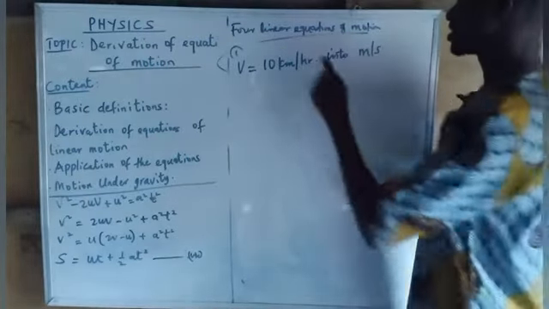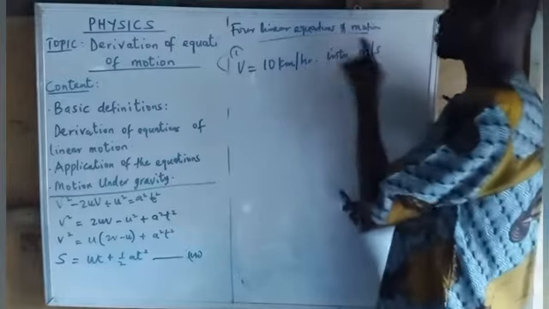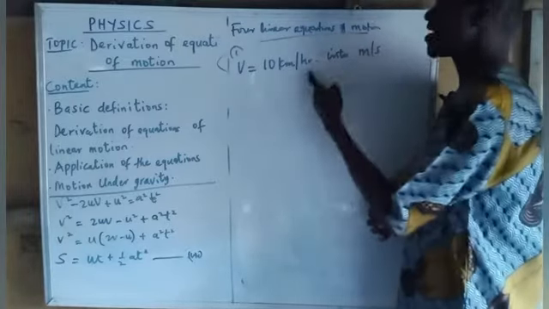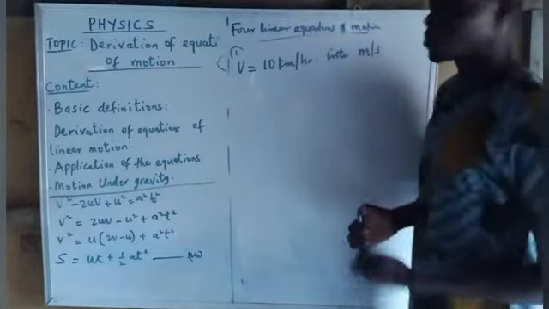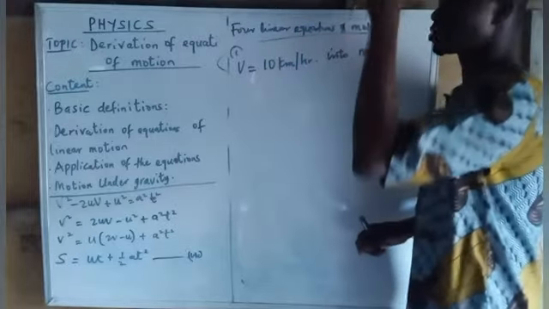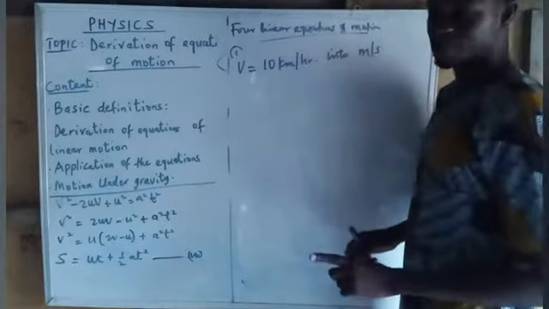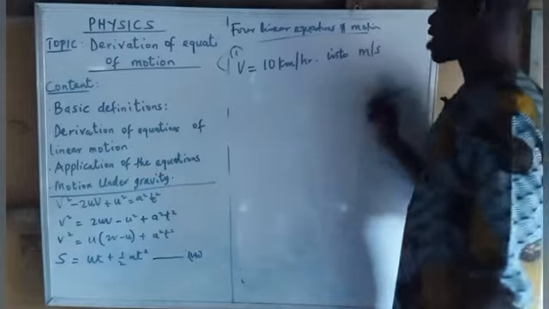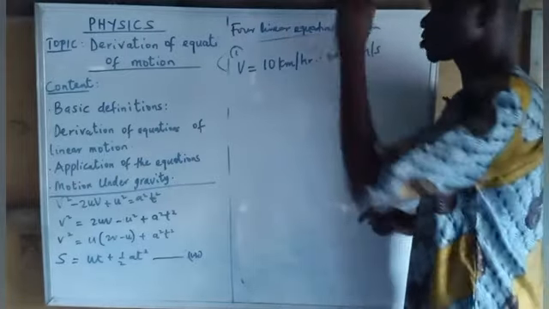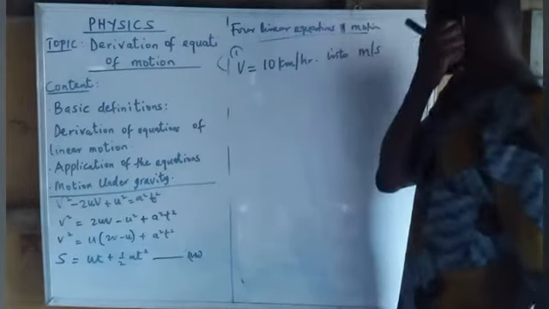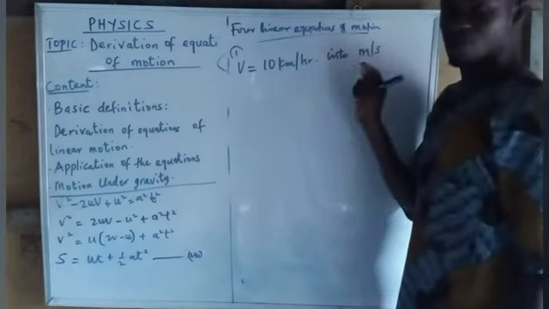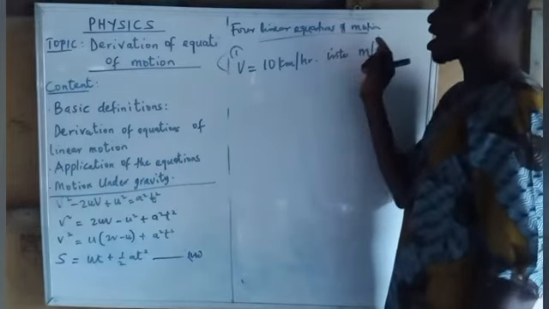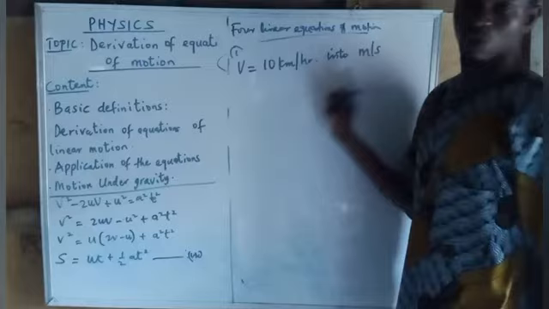You know that here kilometers and meters are involved, hours and seconds are involved. So if you look at the kilometer, you know that 1 kilometer is equivalent to 1,000 meters. Likewise, 3600 seconds is equivalent to an hour.